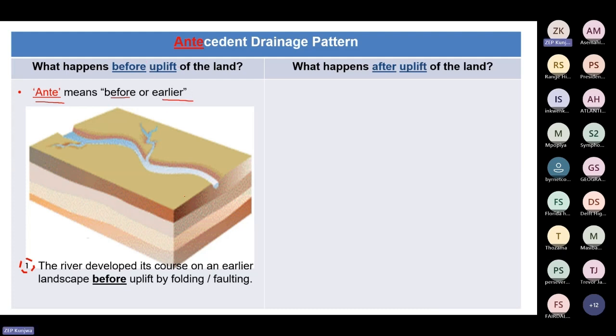Remember, the uplift is when the land is being lifted up, because of your faulting and folding. Then the river developed its course on the earlier landscape, that is before the upliftment, which means the river is older than the upliftment. So the faulting happened while the river was there, and then the land was uplifted.